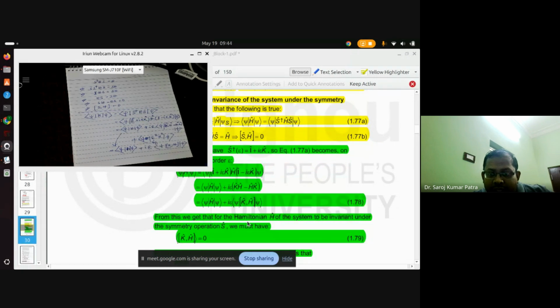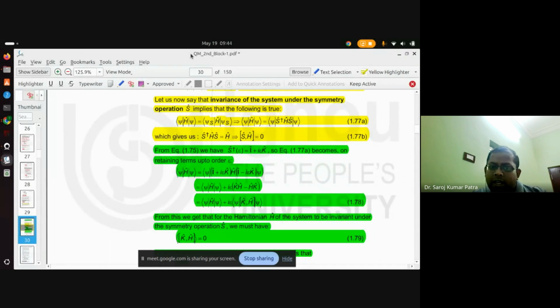From this we get that the Hamiltonian H of the system is to be invariant under the symmetry operation. If the Hamiltonian has to remain invariant under the symmetry operation, which it does, then this second term has to become zero. If the second term is not zero, then it will not be equal.